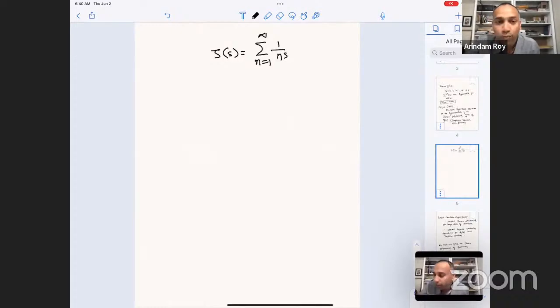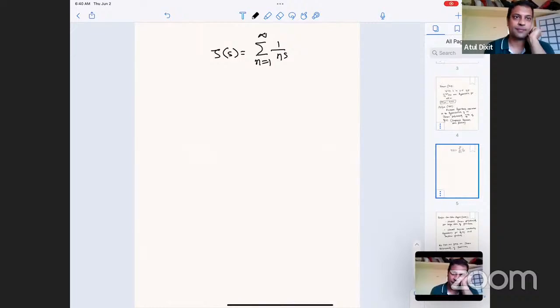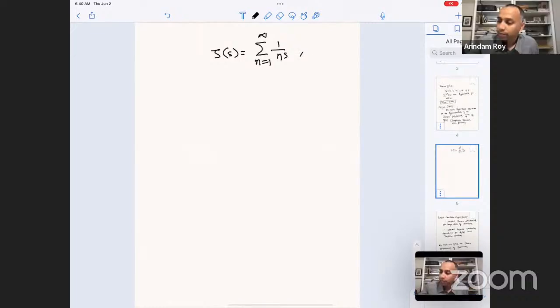Is it readable or too small? No, it is readable. Okay. This is for complex numbers in the plane with real part greater than 1. There is also an interesting fact: it is connected to the prime numbers by this relation.